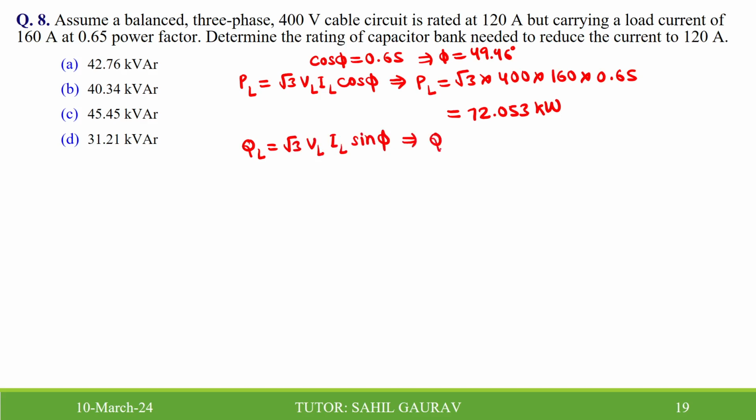So QL is root 3 times 400, IL is 160, times sin phi. Sin phi will become 0.76. So it is 84.24 kVAR.